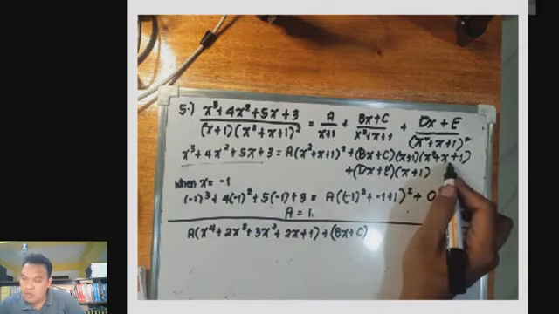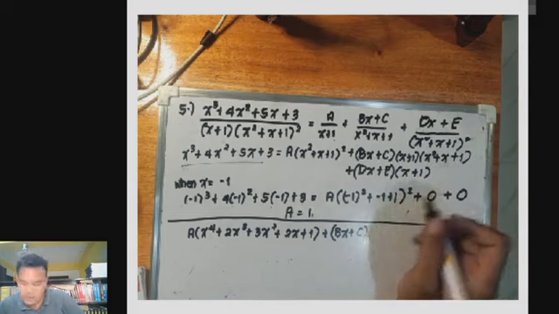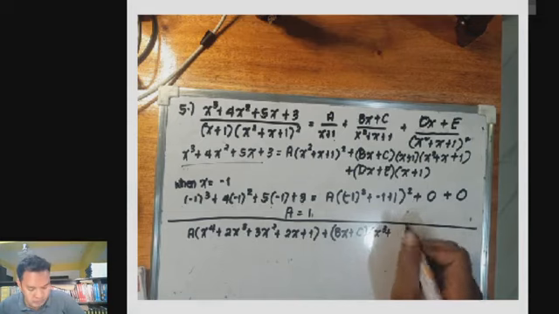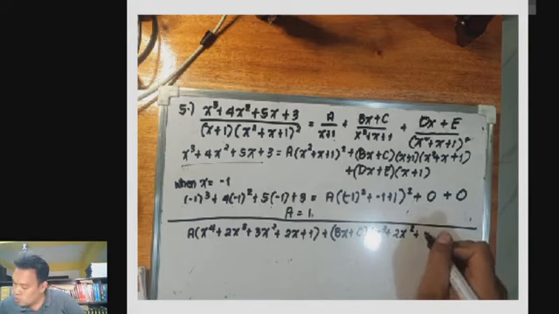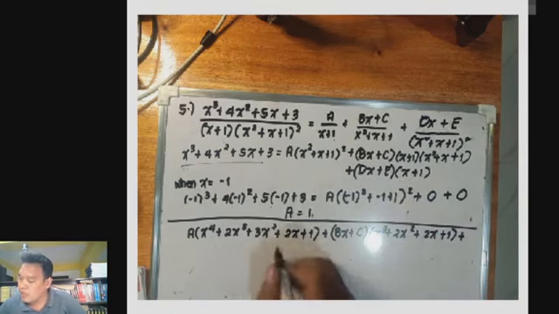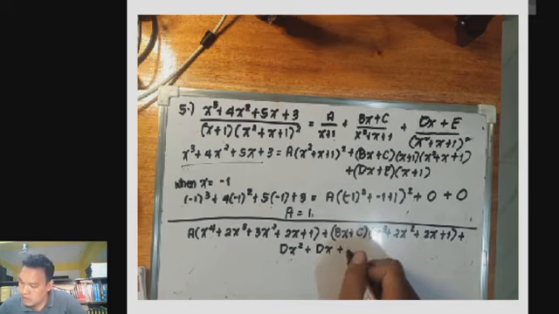Pag ito minultiply dito, yung x plus 1 times x squared plus x plus 1, so lalabas yan ay x cubed plus 2x squared plus 2x plus 1 plus yung dx plus e, pag minultiply ko dito, lalabas siya na ay dx squared plus dx plus ex plus e.